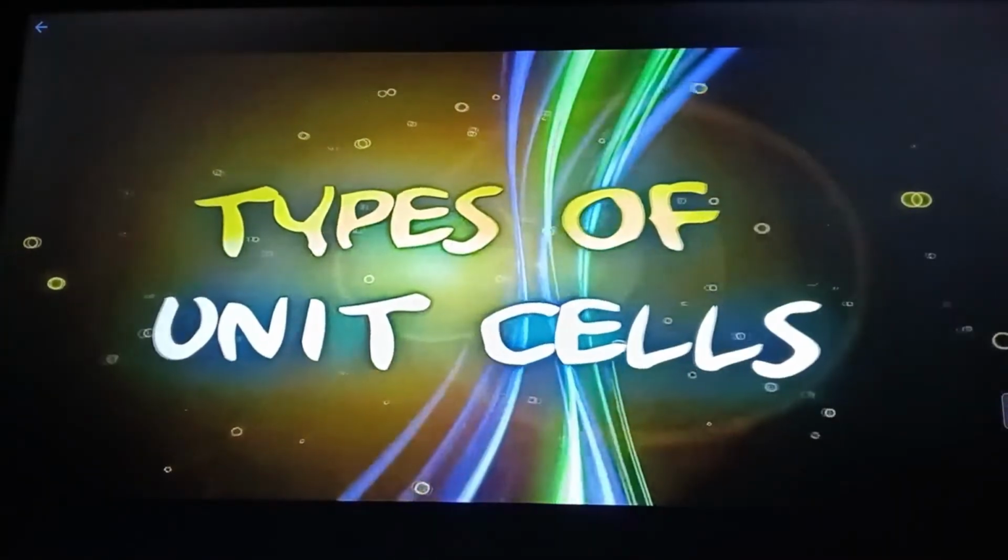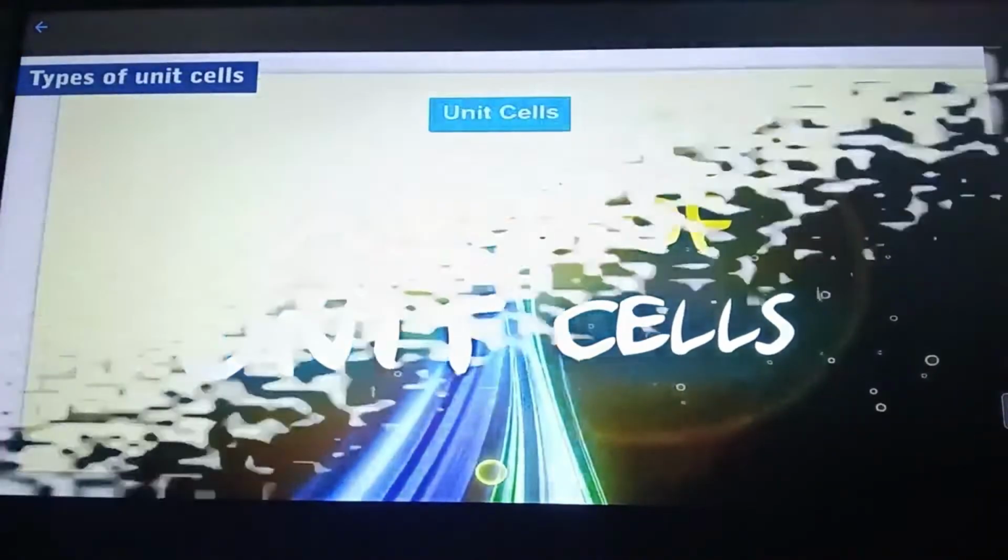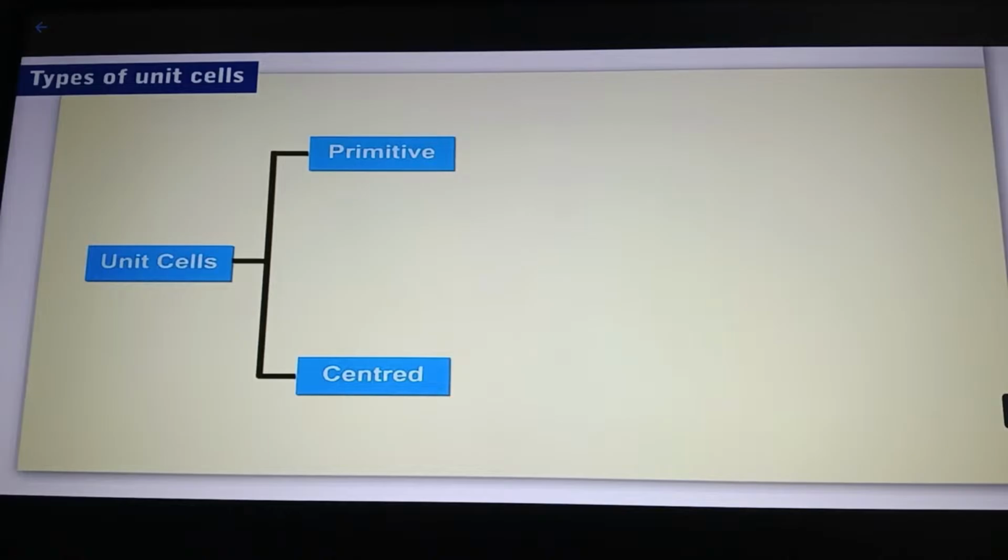Let us now study the types of unit cells. Unit cells can be broadly classified into two categories: primitive unit cells and centered unit cells.